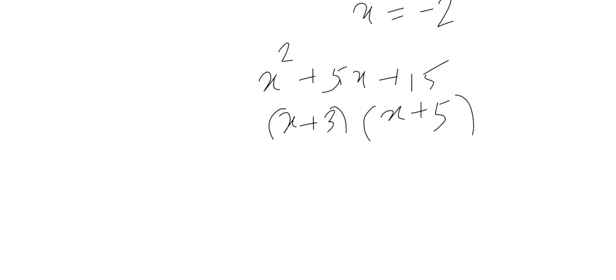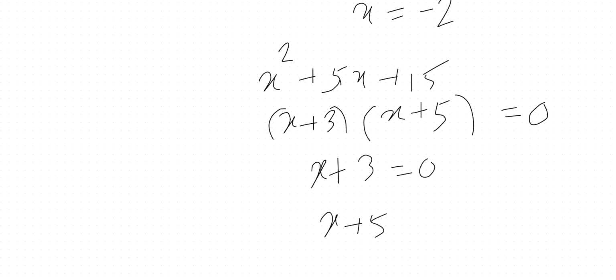Now, if this was equal to 0, that would mean that if any factor, whether x + 3 or x + 5, is equal to 0, then you can tell the value of x.